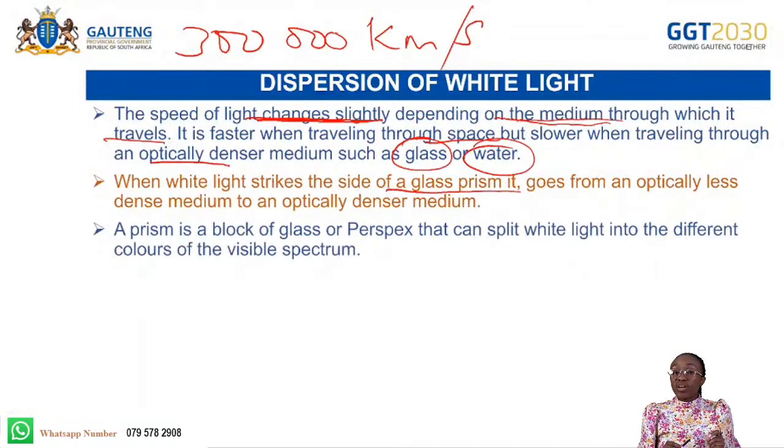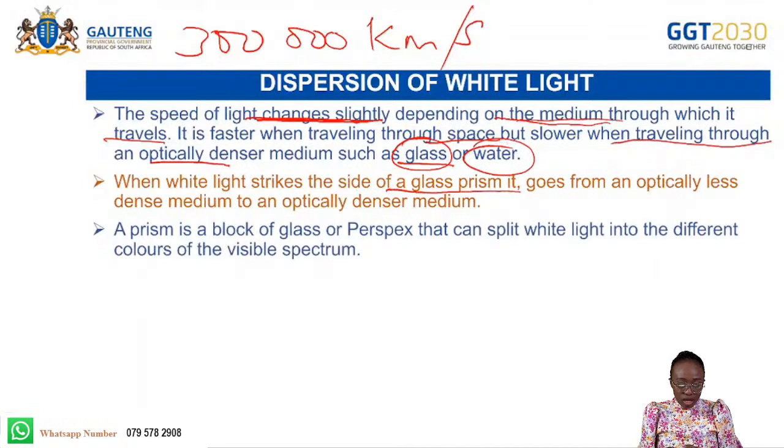It was traveling in which medium before? It was traveling in air. And then when it strikes a glass prism, remember we're saying light can travel through glass, it is now traveling through a different medium, one which is optically denser. So what's going to happen?